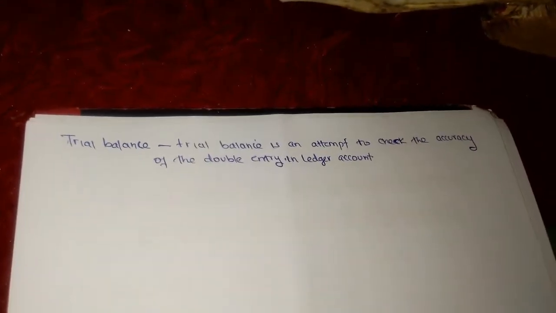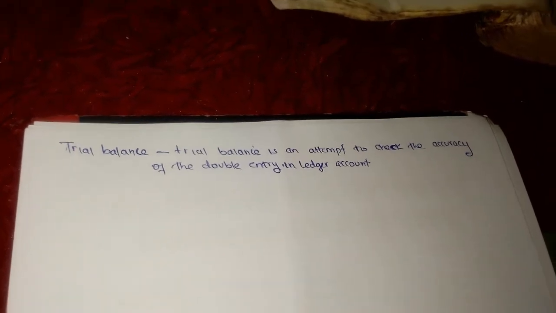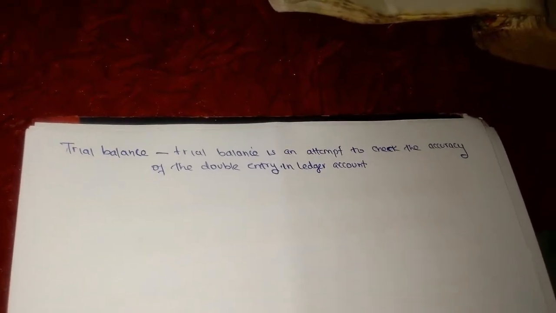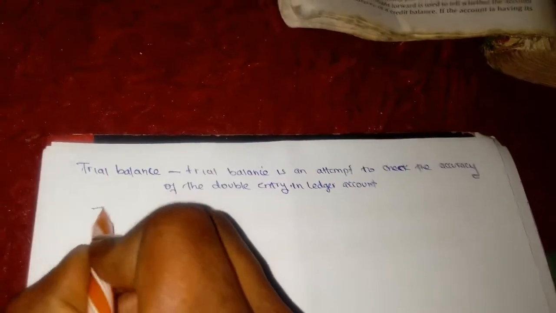Good. So a trial balance has two sides. Let us see the structure. Remember, a trial balance has two sides, the debit and the credit side.